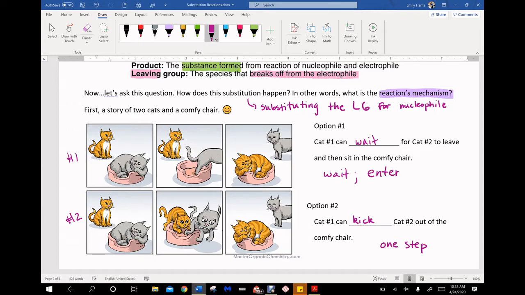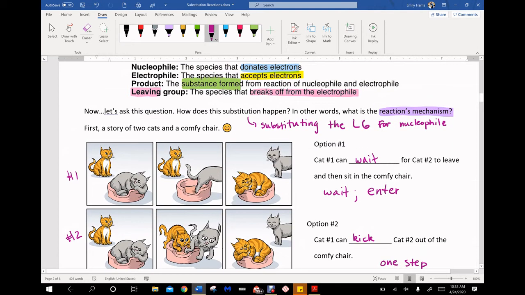All right. Now what we're going to see is that this cat story is actually an analogy for two possible mechanisms that can be used to accomplish a substitution reaction. You can either have wait and enter, or a one-step mechanism where everything takes place at one time.